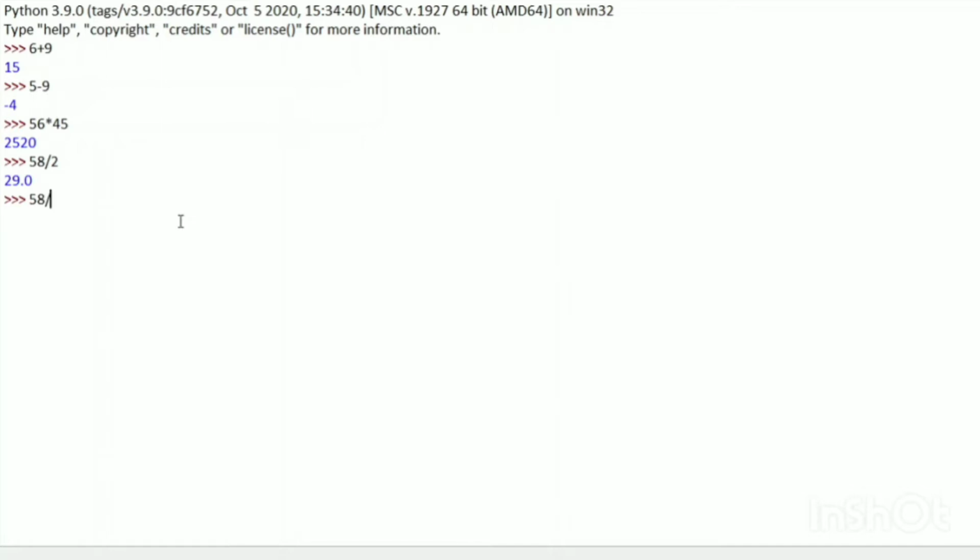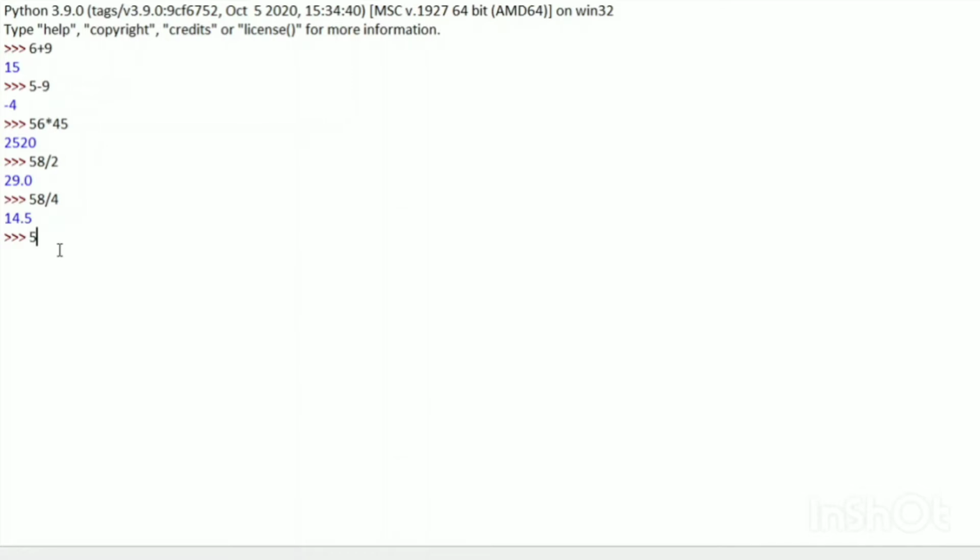First I will find the answer. It is giving me 14.5. It is also giving me decimals, but we don't need decimals. We just can find the answer as 14, and we want to find the remainder.